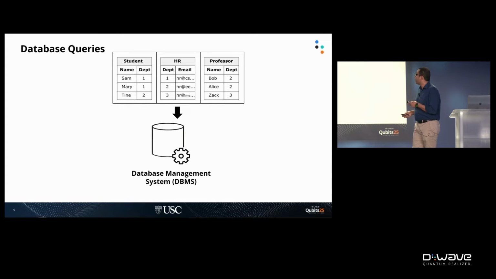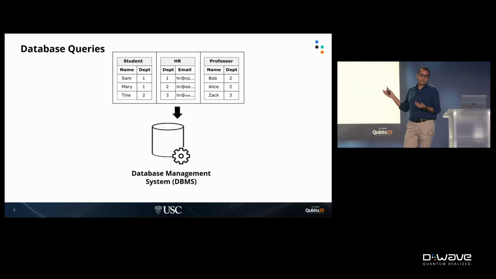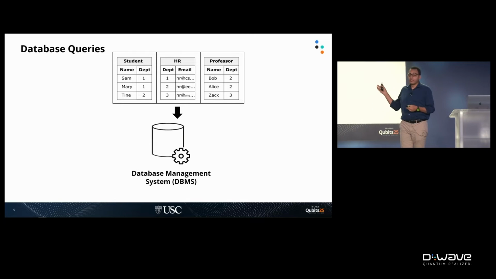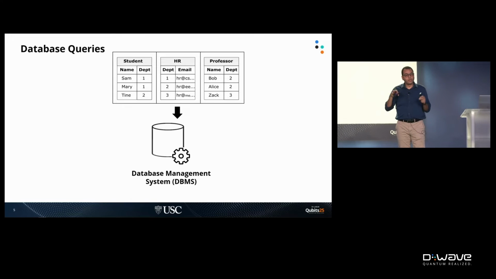These tables show a sample of the data. For example, in the student table, we have two columns, name and department. For each of these tables, we have sample rows, which we sometimes call tuples. You see examples like Sam, Mary, and so on. Each row represents the data point for a specific entity or a person.